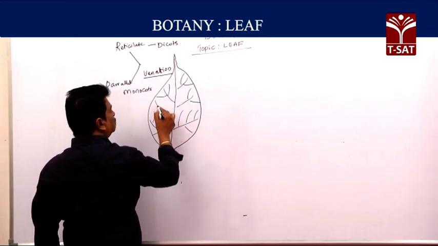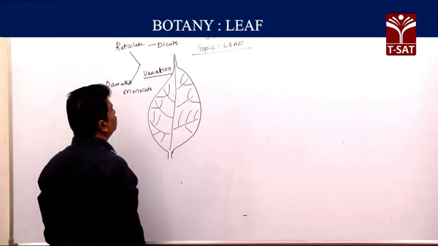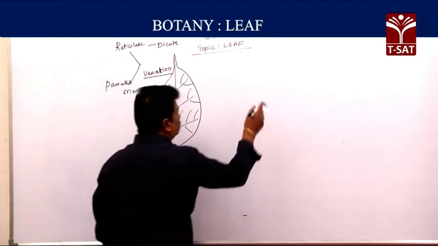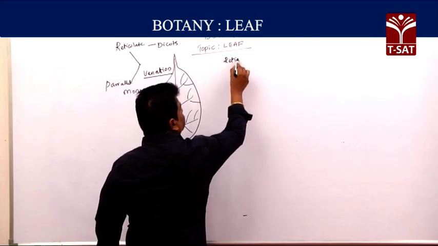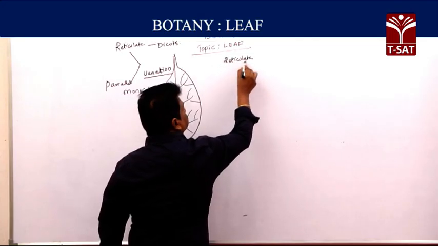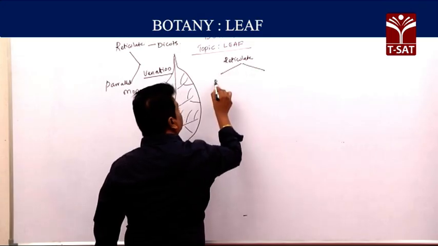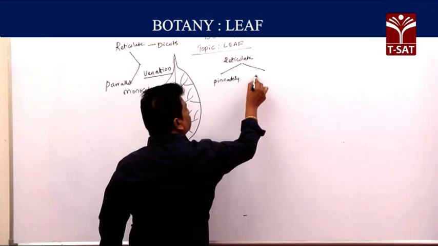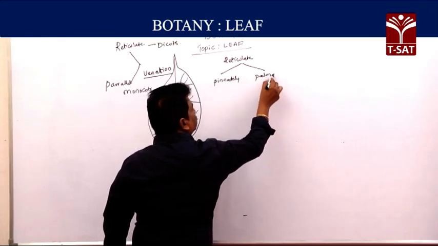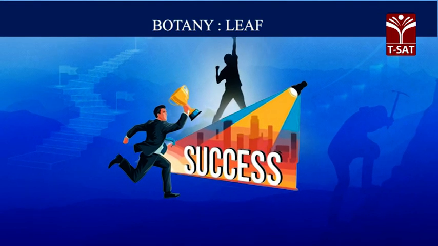So it is called reticulate venation. Reticulate venation is of two types: one is pinnately reticulate venation, and the second one is palmately reticulate venation.